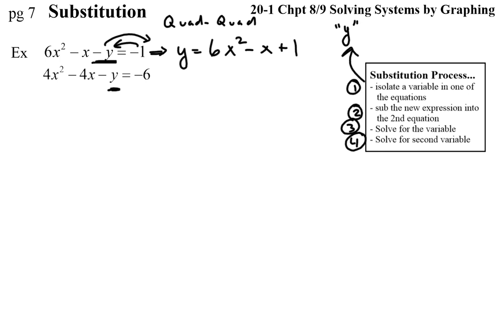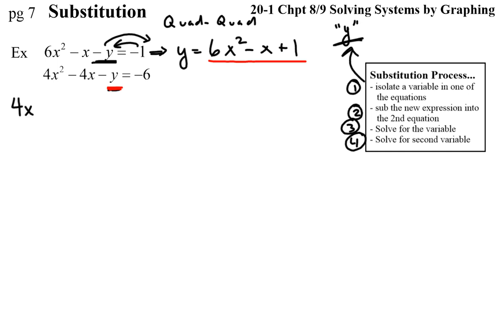And so now this 6x squared minus x plus 1 gets plugged in for this y, and I'm just putting in the y. So quadratic. Again, I apologize for setting you up for possibility, but to mess with you a bit, isolate a y, especially when it's a quadratic.